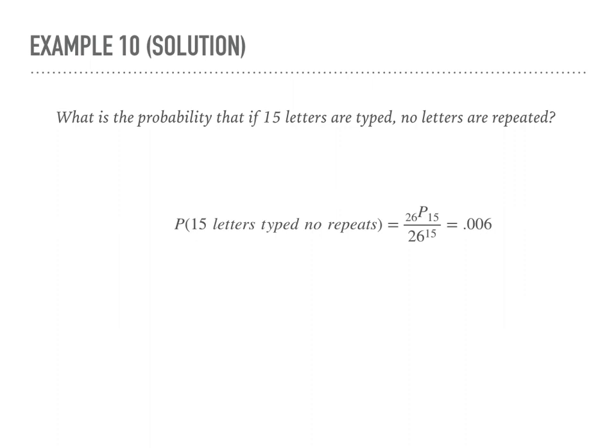So we have 26 permute 15, and the total number of ways that we could type this is 26 to the 15th. So the first letter, there's 26 ways, second letter, 26 ways, and so on. The denominator is using your fundamental counting rule, and the numerator is using your permutation rule. So we end up with the probability of typing 15 letters with no repeats. It's 0.006.